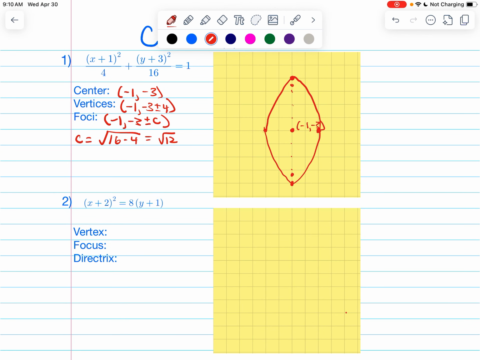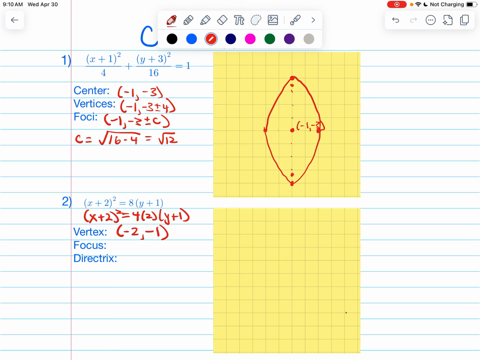Okay, now next we go over here and we've got a parabola. The vertex is going to be -2, -1. And of course we can look at x plus 2 squared equals 4 times 2 times y plus 1. See, that way we can identify the p.